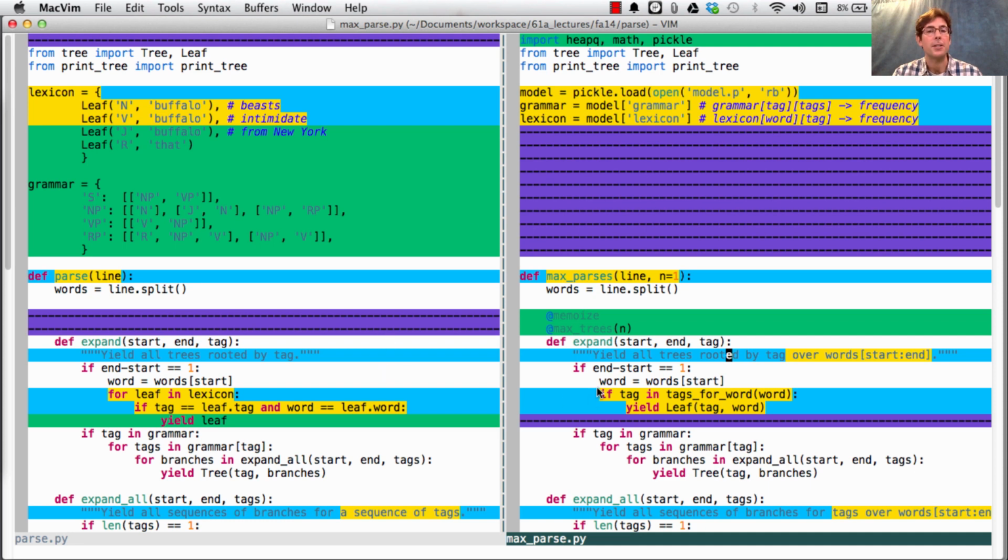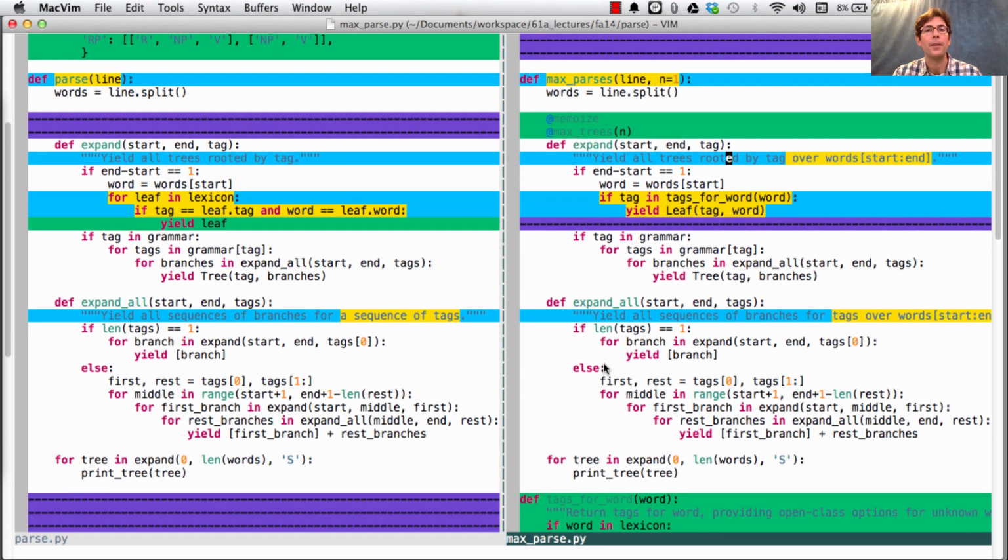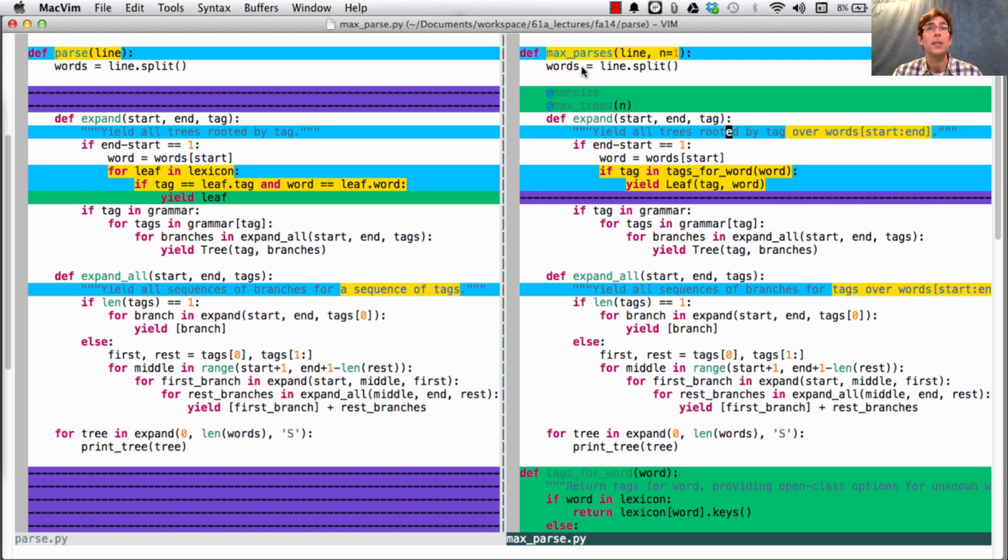It also doesn't just compute the parses in any order, but it computes the most likely parses based on multiplying together the frequencies of all the rules that are used. Doing so is almost the same as what we had before, except that we memoize the results and we compute only the n max trees at every time we expand, where n in this case is 1 by default, but we could compute multiple trees for each different expansion and then consider them all.